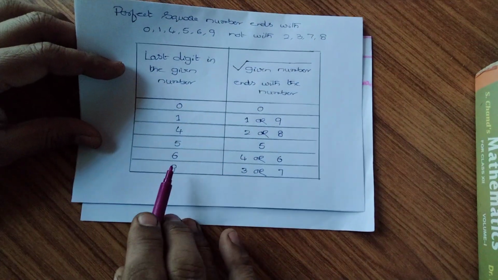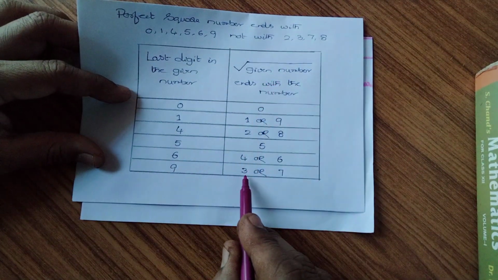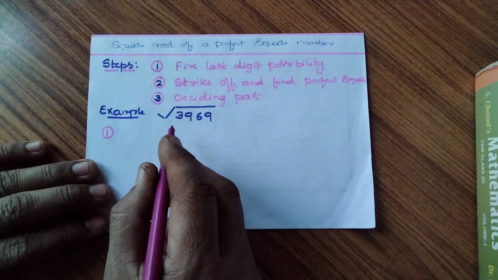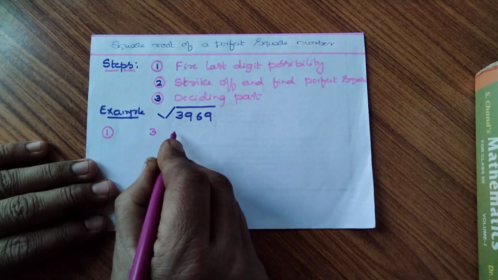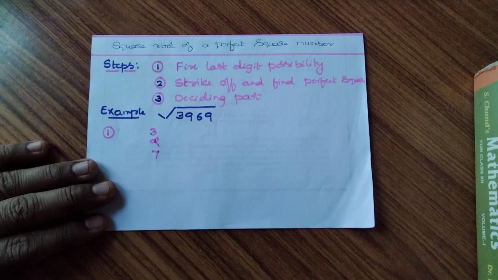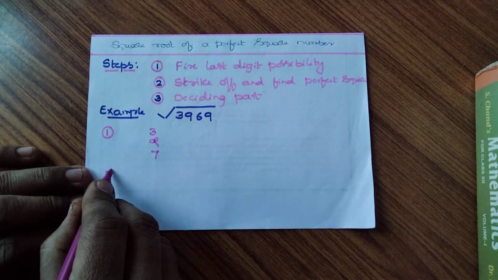So when the last digit is 9, the square root of the given number ends with 3 or 7. So first you have to fix the last digit, that it ends with 3 or 7. This is step 1.